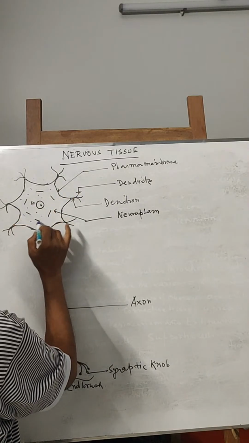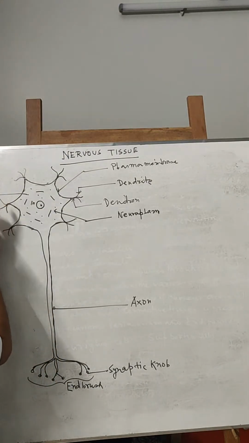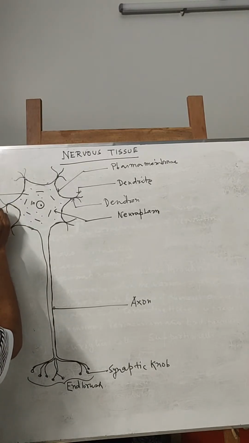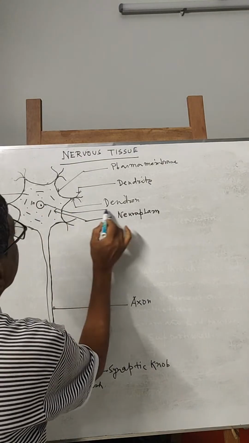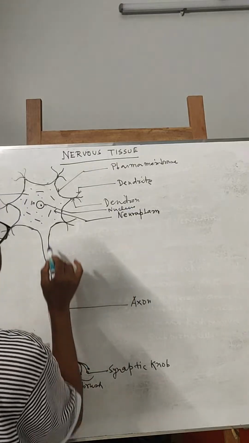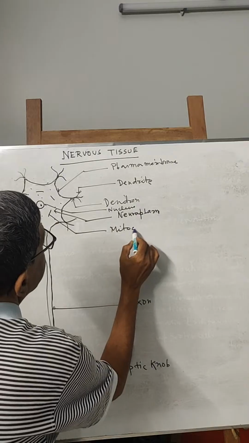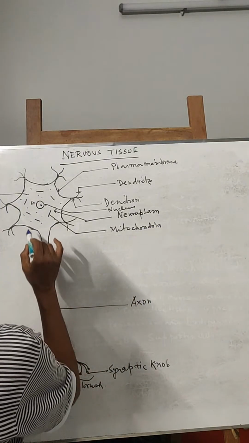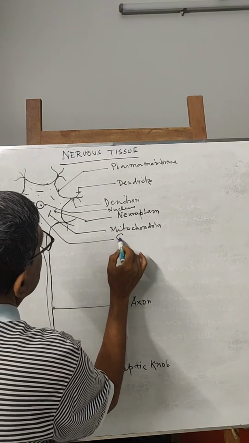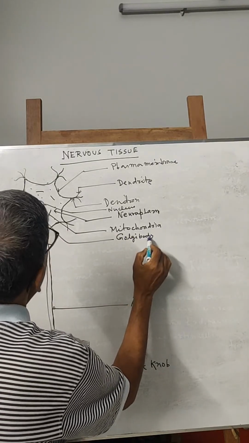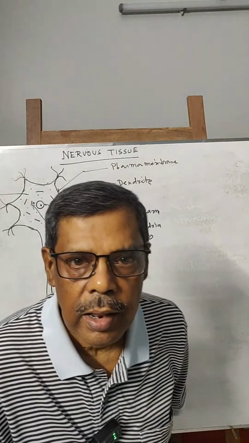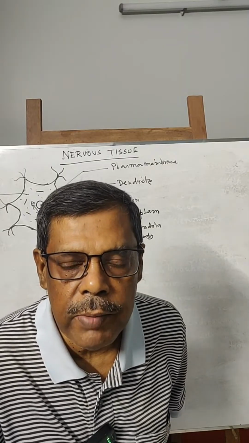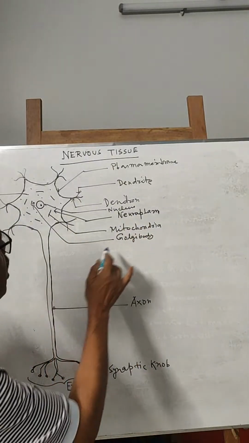This is Golgi body, etc. Other than this, there are neurofibrils, microtubules, and melanin pigment. This forms the neuroplasm.